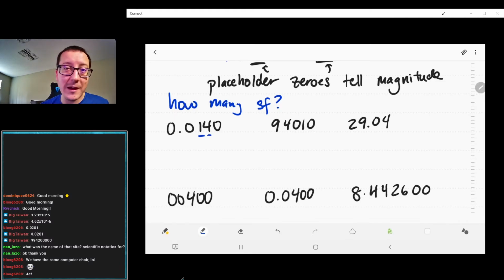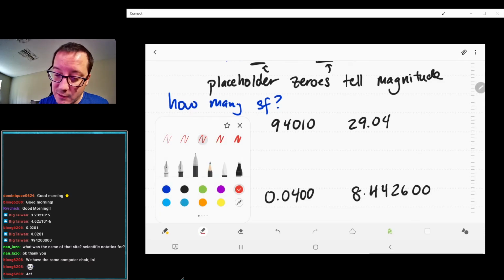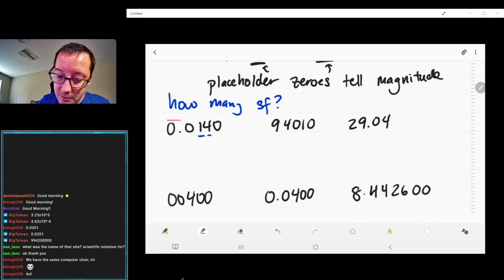So we know that this number has at least 2 sig figs. Then we want to go rule by rule, maybe. Do we have any leading zeros here? Yeah, we do, right? We have 2 leading zeros, so we know we're not going to worry about those. We do not ever worry about leading zeros. So we do not count those.